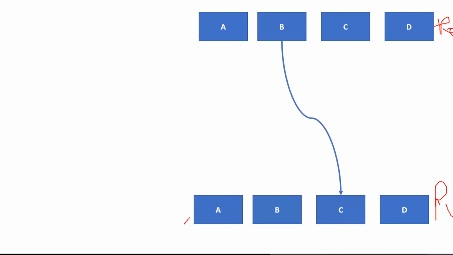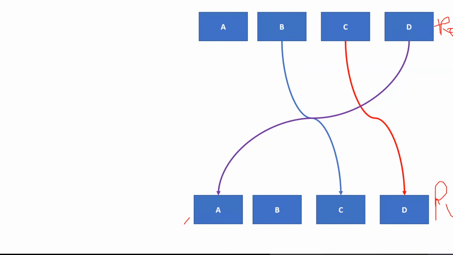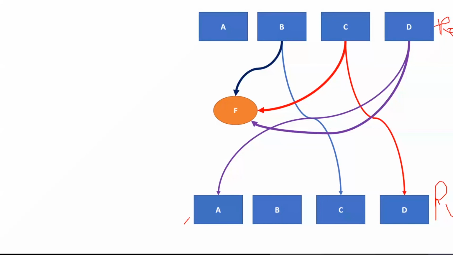The value of B is given to C. The value of C is given to D. The value of D is given to A. Now, the next step is the values of B, C and D are passed through a function.